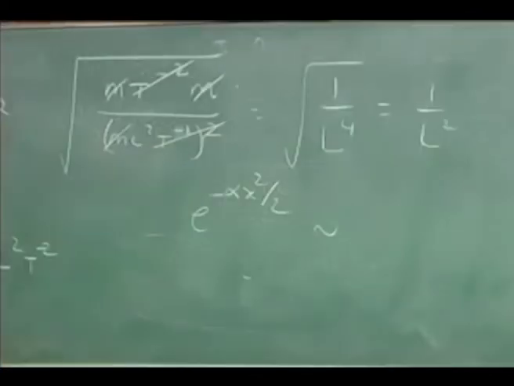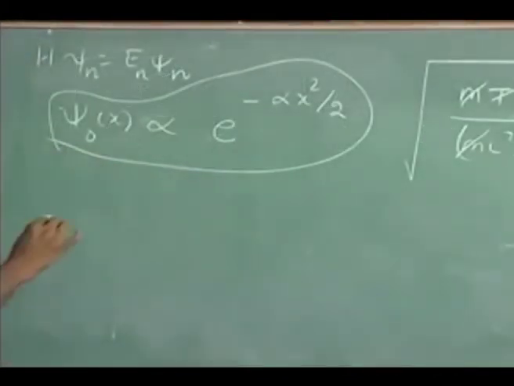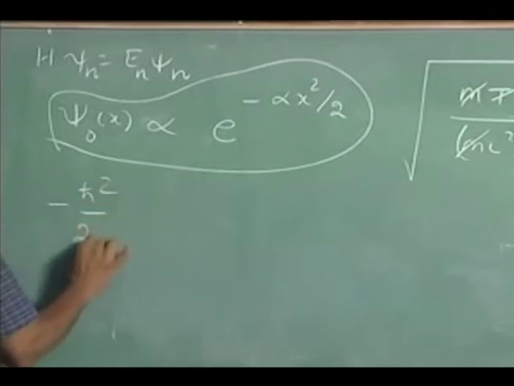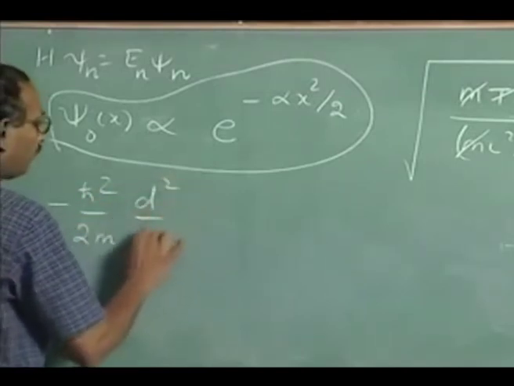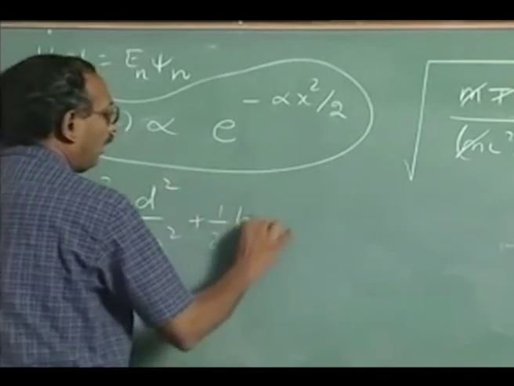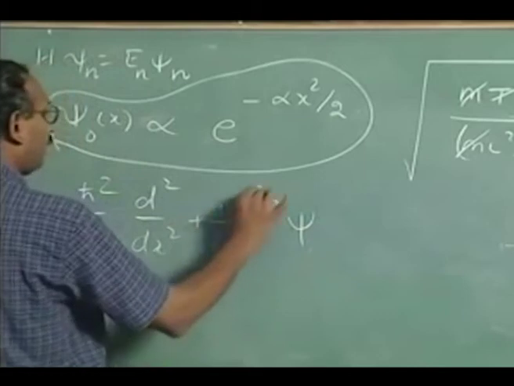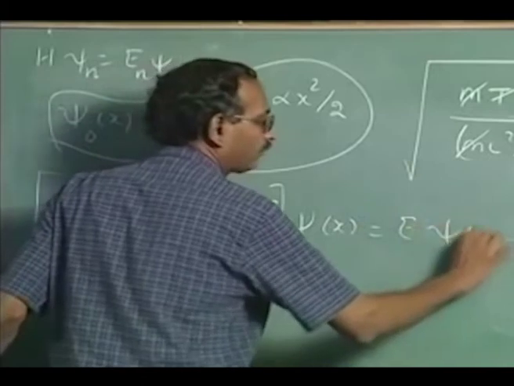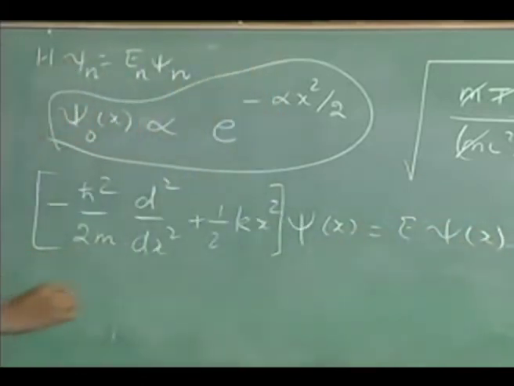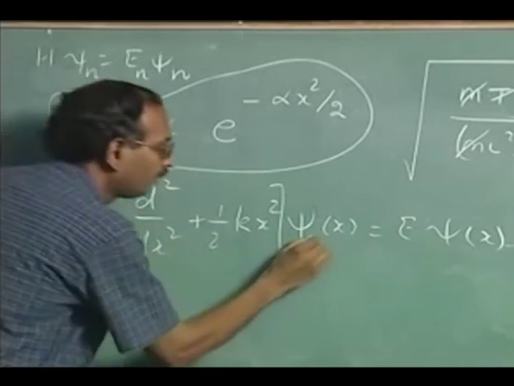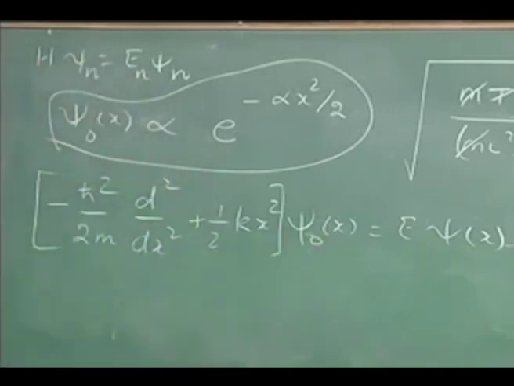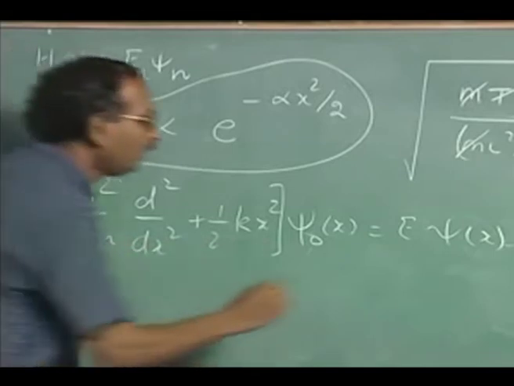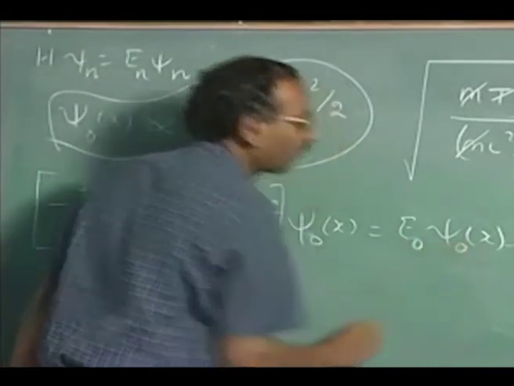The only thing that you can do immediately is to see whether this solution, when you substitute in the differential equation minus h bar square by 2m d square by dx square plus half kx square times psi of x is equal to E psi of x, this being psi naught, gives you the value E naught psi naught of x.